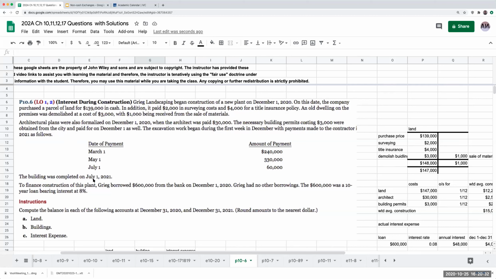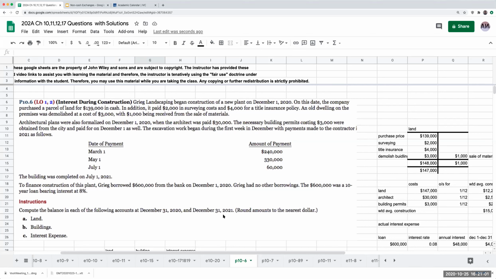That's really important. So what I now need to figure out is that I know the total amount of cash paid for interest during 2021 is going to be 600,000 times 8% for the year. So that is going to be the amount of cash being paid for interest.